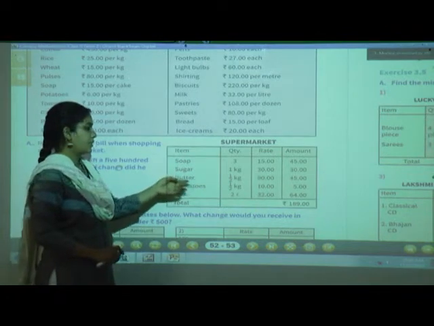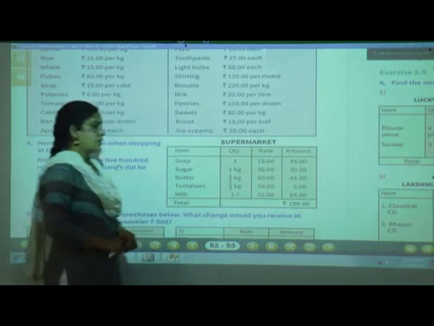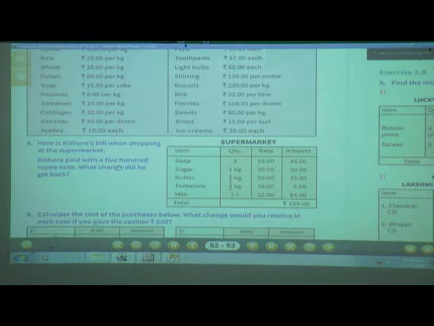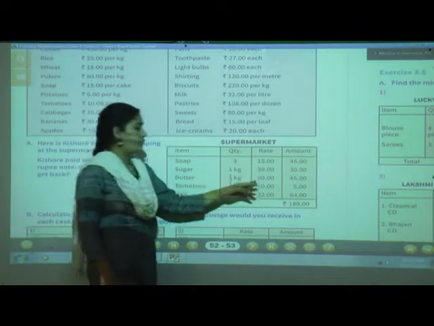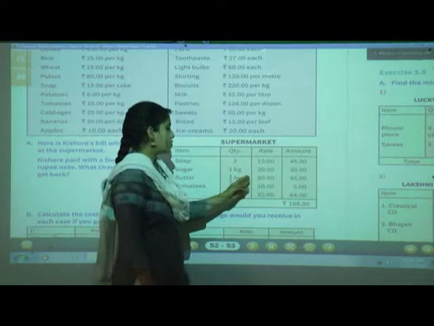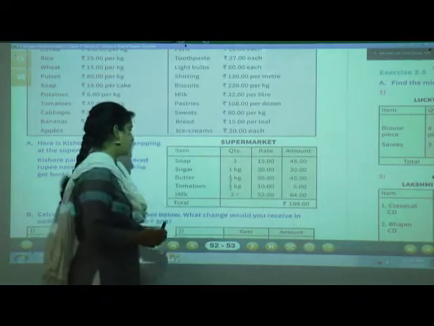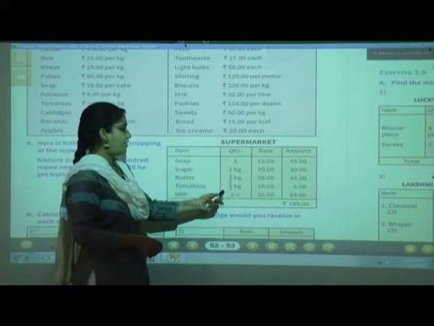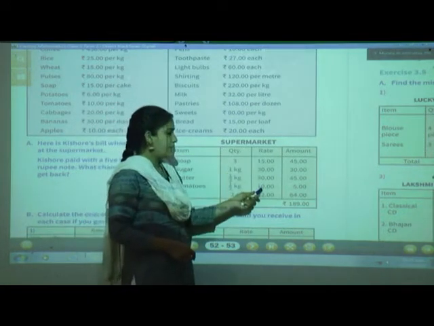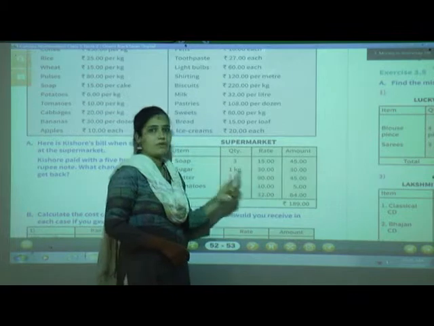Now butter, half kg butter. The rate is for 1 kg. See, so half kg means the amount will be 45 rupees. Now tomatoes, half kg tomatoes, rate 10. This rate is for 1 kg.